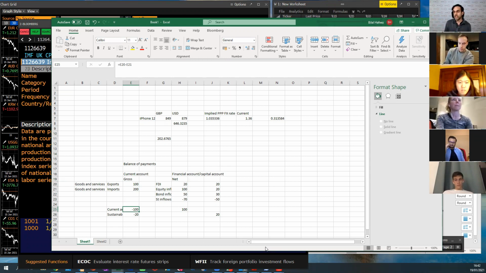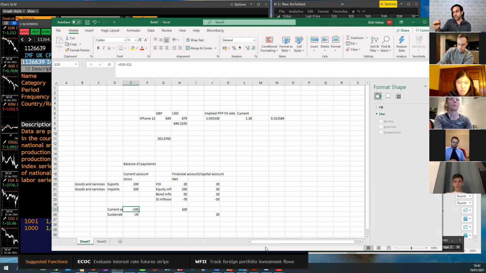One way is the relative growth impact. If the US domestically slows down, the US is growing more slowly, the US will import less. If the rest of the world is growing faster, the US will export more. So one adjustment that could happen is relative growth, that you have a growth differential that contracts the current account.